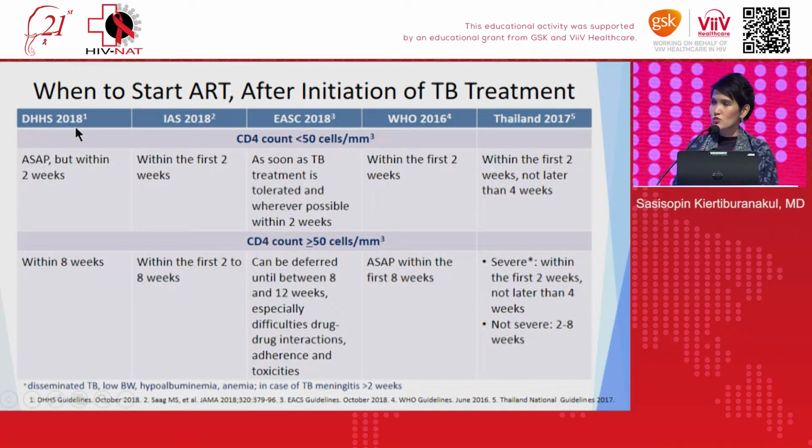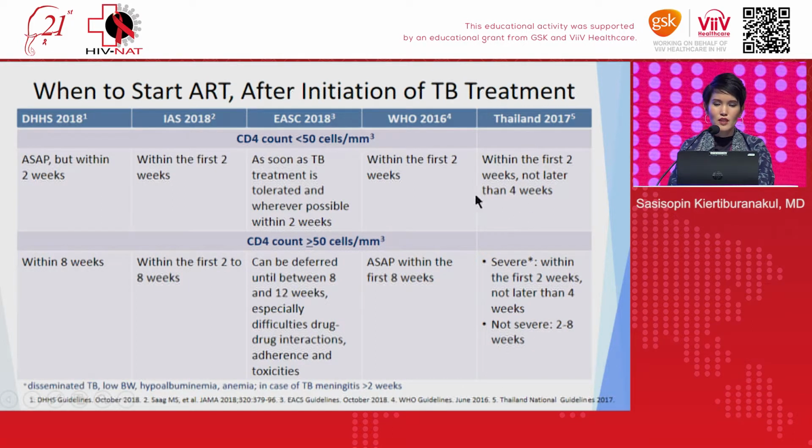So this is the summary of the recommendations for when to start ART after initiation of TB treatment. I tried to list them from many guidelines: the DHHS guideline, IAS, European, WHO, and Thai guidelines. You can see that if the patient has a low CD4 cell count, less than 50, all of the guidelines say that we should start ART as soon as possible, usually within 2 weeks.